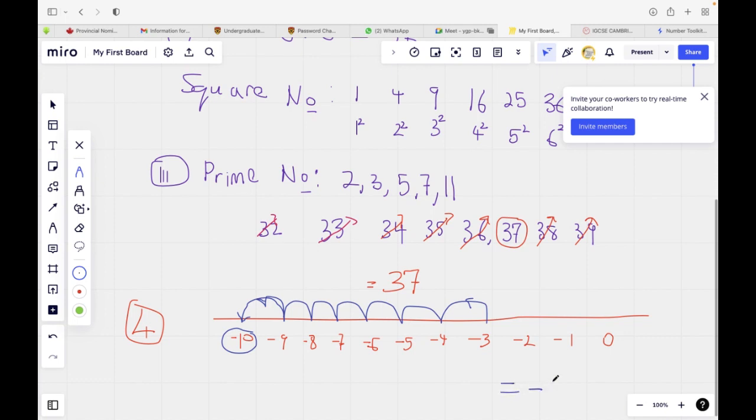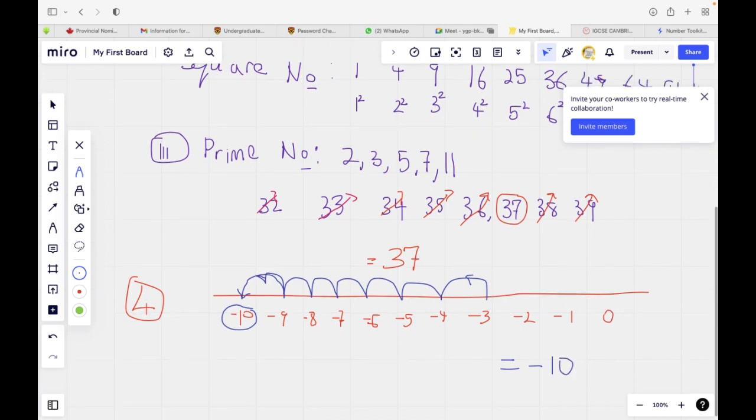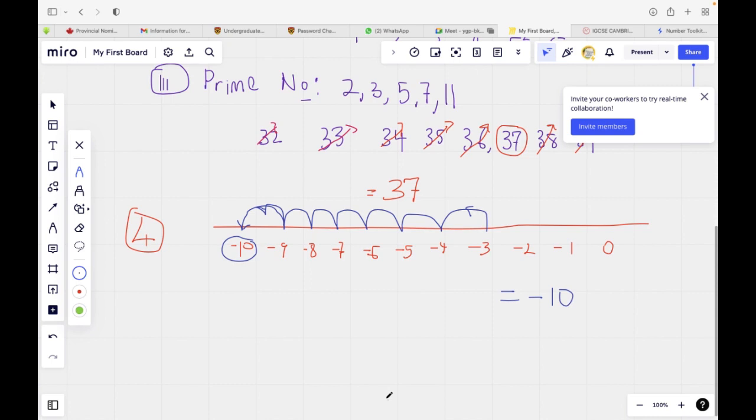Another way, if you don't want to use a number line, is to say: they ask for the temperature that is 7 below -3. When they use the word below, you say -3 minus 7. You use this minus because they use the word below. If they say above, you say +7. So below, we use negative.